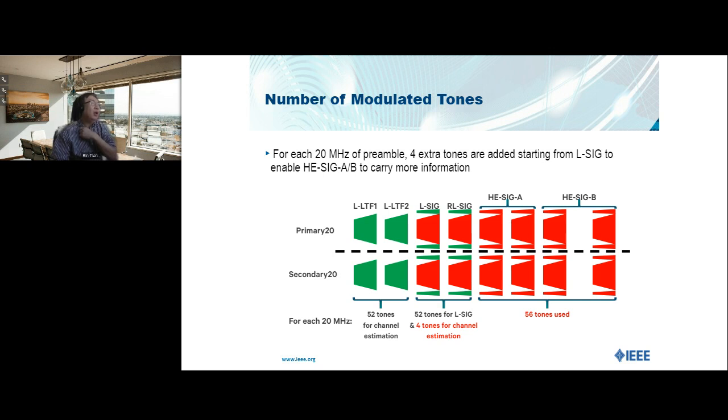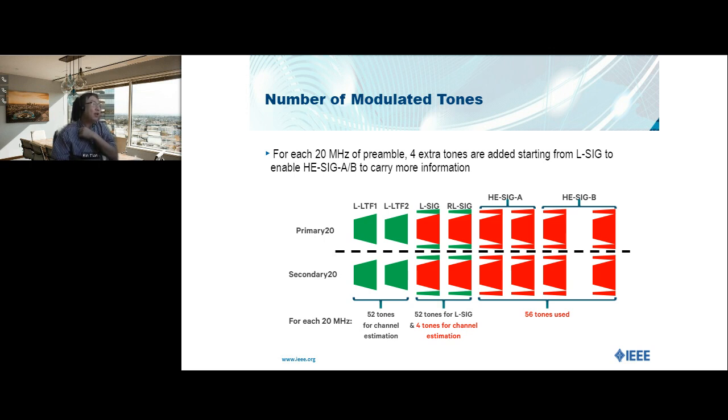For 11ax, in order to carry more payload in the HE6 portion, 11ax adds more tones starting from L6 and repeat L6 to provide the channel estimation for the future L6 content.